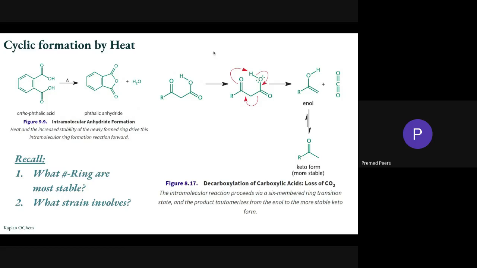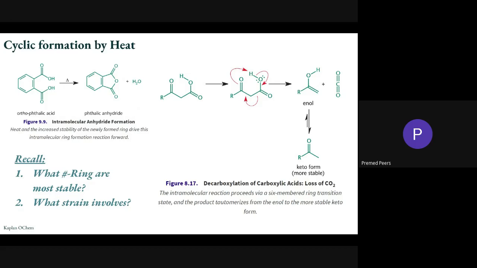When I studied OChem, I studied beta decarboxylation. So I count until I reach the beta carbon. But if you don't even know where the beta carbon is, then you just count. That is the best chance that you can get for decarboxylation, to be honest, because in this figure that they're showing in the textbook, you can see that when the hydrogen is sticking out from the carboxylic acid, it's almost like a six-member ring.